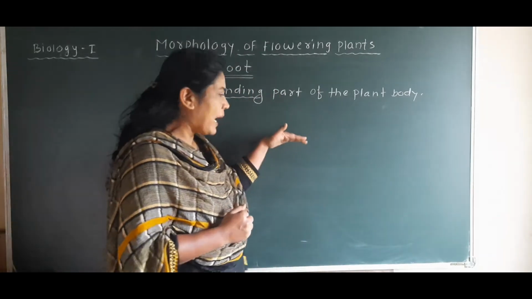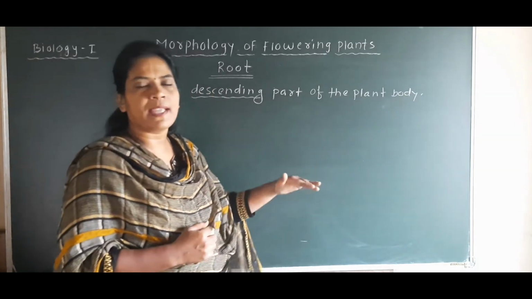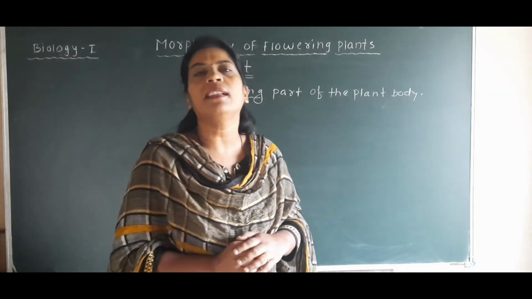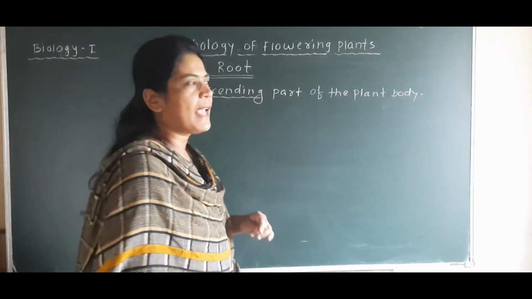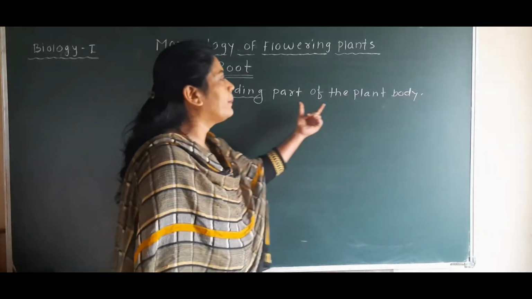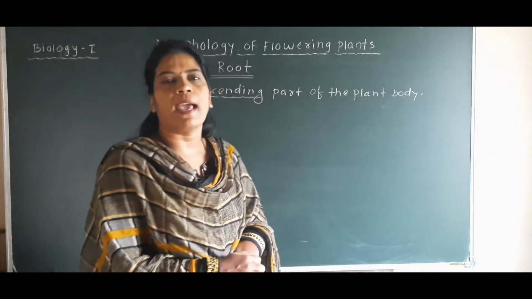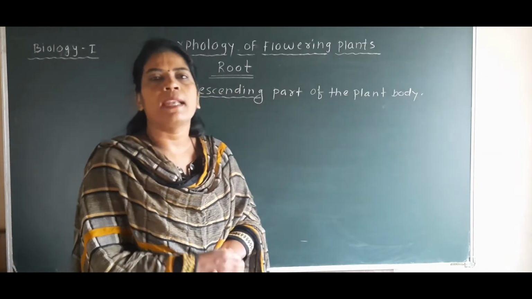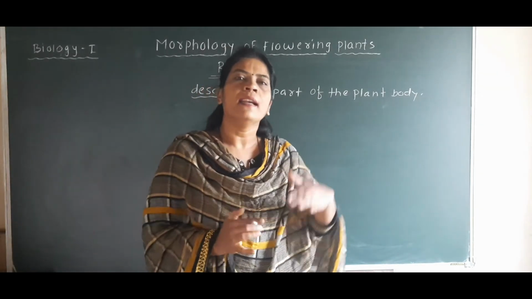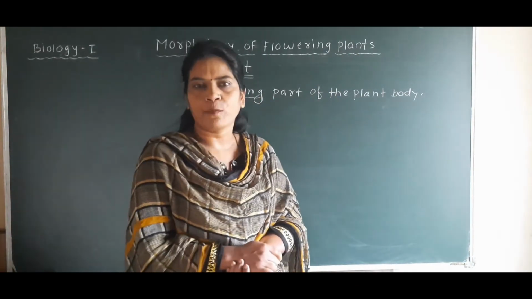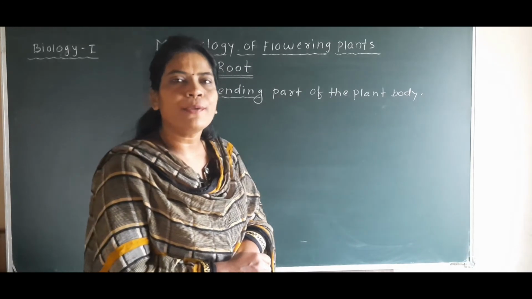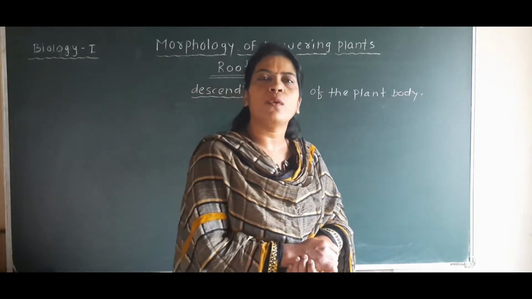So जो प्लांटचा खालचा पार्ट आहे, जो ग्राउंड मध्ये आहे, जमिनीमध्ये आहे, that is called the descending part. So in simple words we can define root as the descending part of the plant body is called the root. And in opposite words we can say that the ascending part of the plant body is called the stem. But here we are not going to discuss the stem, we'll discuss only the root.